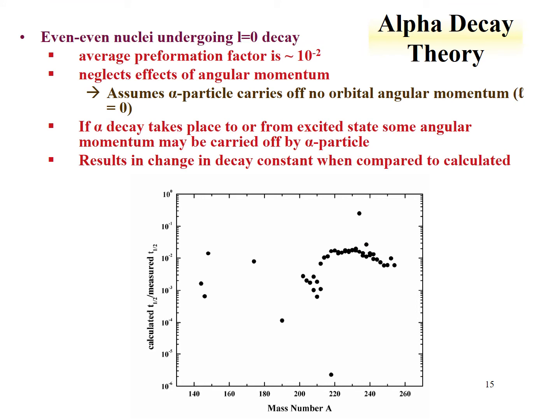And we can evaluate the difference between calculated and measured half-life, and this figure is shown here for even nuclei. So these tend to be ground state to ground state. The average preformation factor is about 10 to the minus 2. So if we say here, this is the ratio of the calculated to measured, we can fix this data so it works by having a preformation factor of 10 to the minus 2.